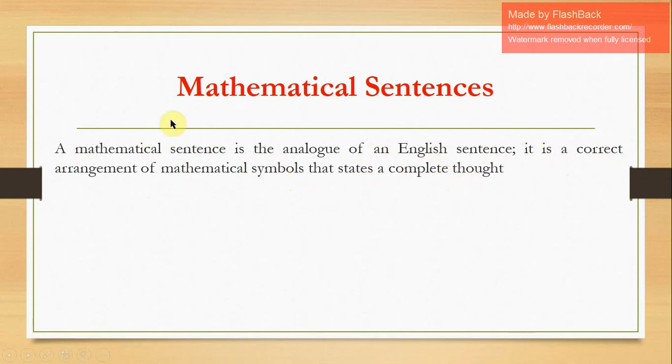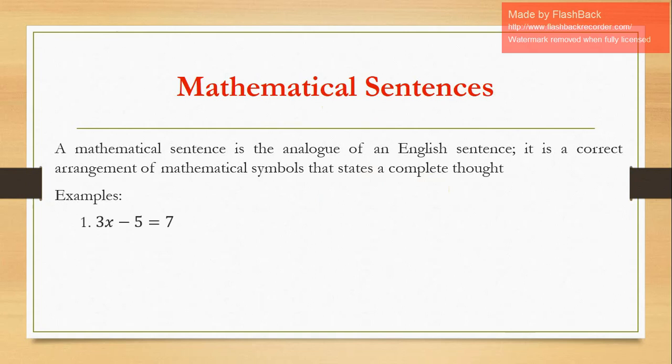Just like the definition of a sentence in the English language, a sentence must have a complete thought. It is the same in a mathematical sentence. A mathematical sentence states a complete thought. So, pag hindi siya nag-state ng complete thought, it is not a mathematical sentence.